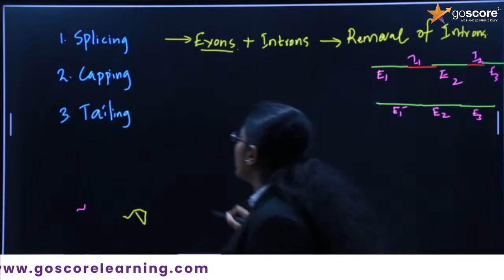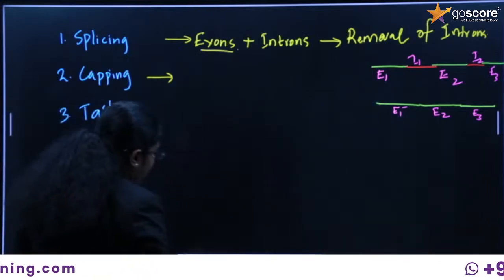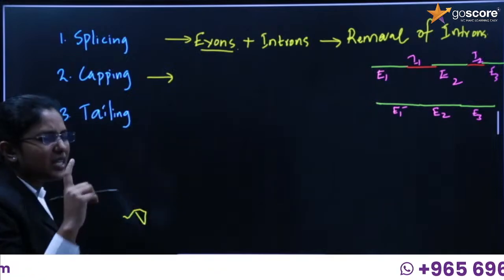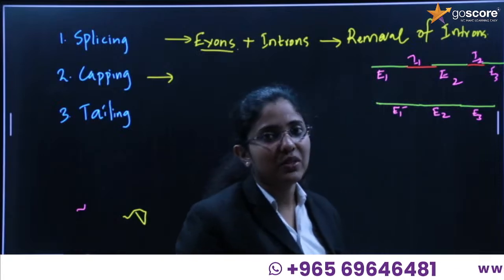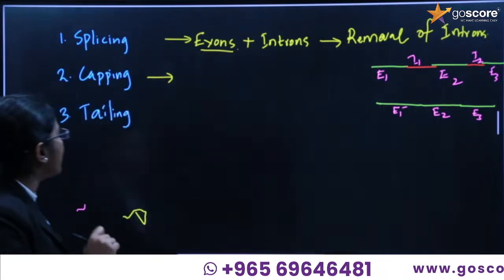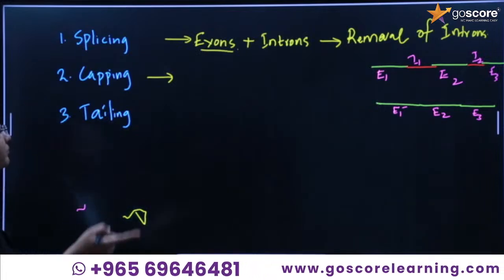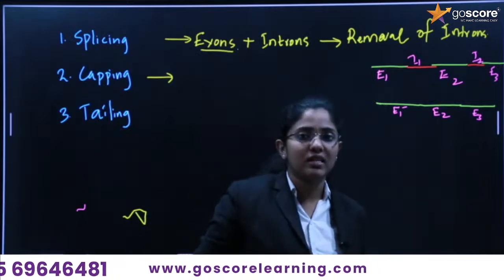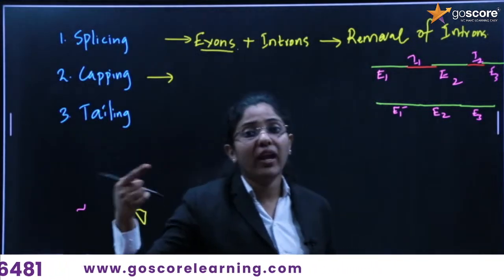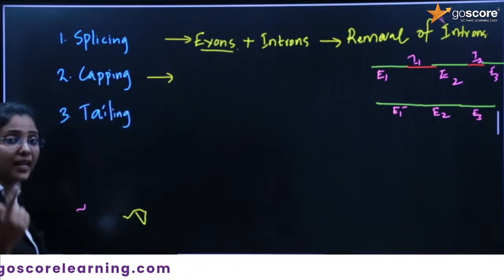Okay. So next one is capping. The second process is capping, right? Transcription takes place inside the nucleus, and the RNA has to move towards the cytoplasm. But when it is moving towards the cytoplasm, there will be some kind of attack.